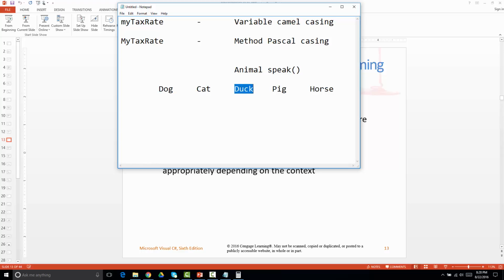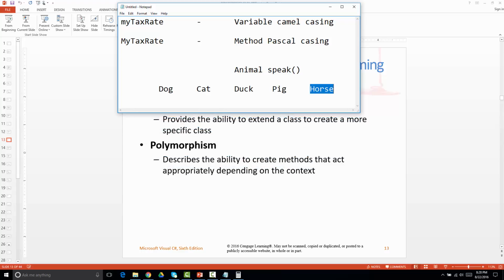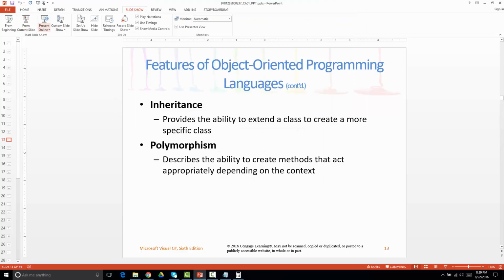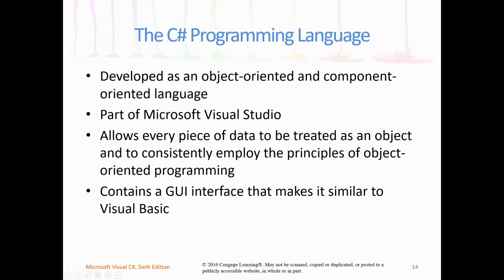For a duck, it should say quack. For a pig, it should say oink. And for a horse, it should neigh, whinny, or whatever. So when we talk about polymorphism, which is the last thing you saw on the slide, what it means is that the system can figure out which speak method to call based on the type of object being used. And again, you'll see this much more in later chapters in the book.